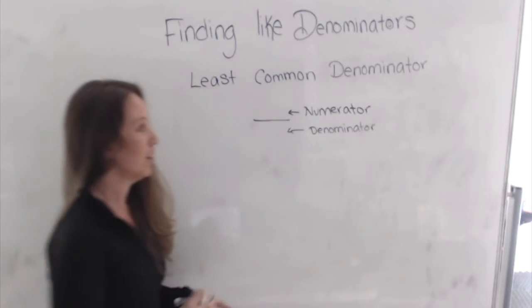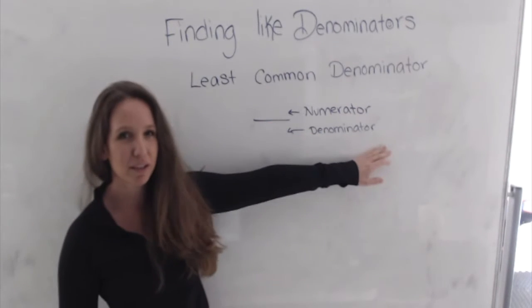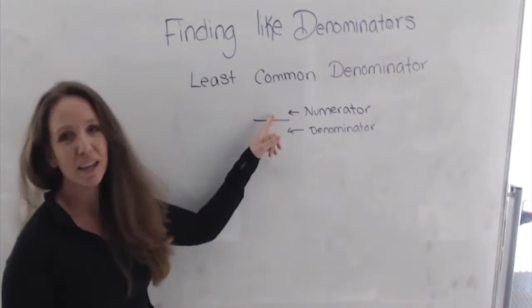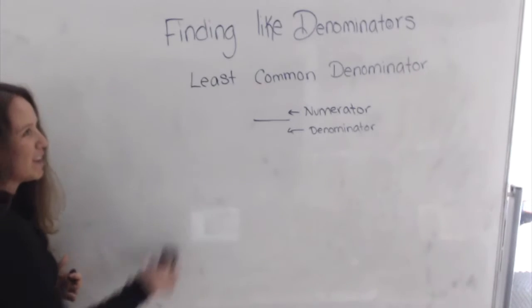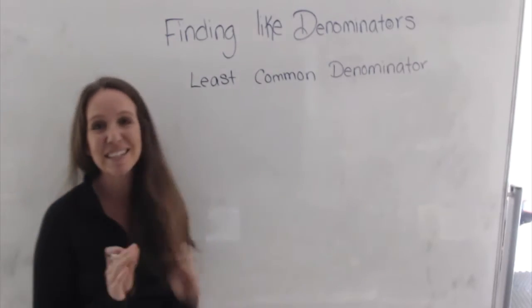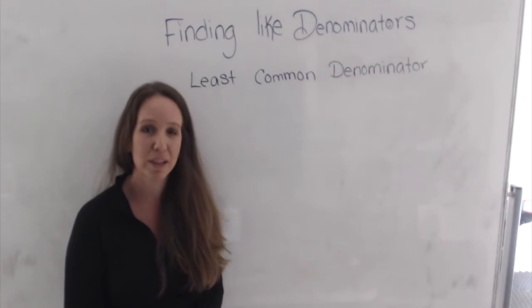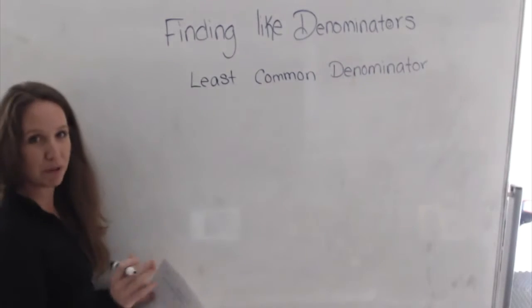So again, the bottom is called the denominator, and the top is called the numerator. Today we're going to find the least common denominator between two numbers. And that's the same thing that we were doing with least common multiple.